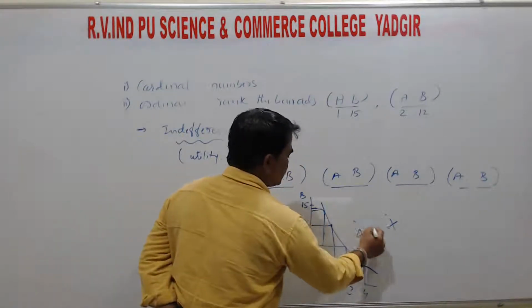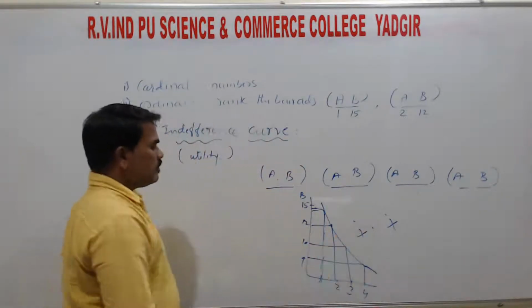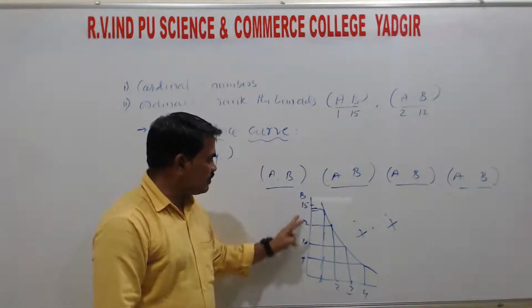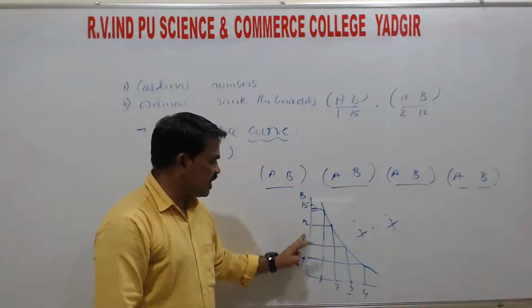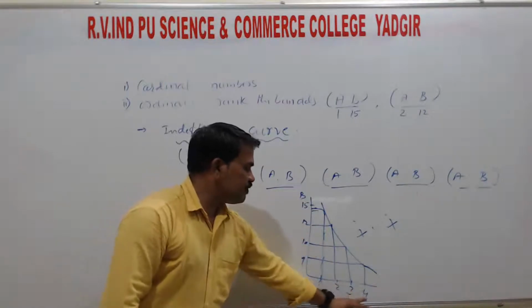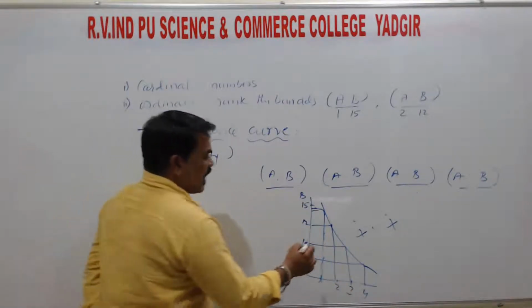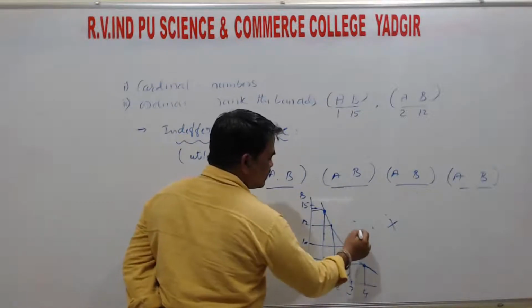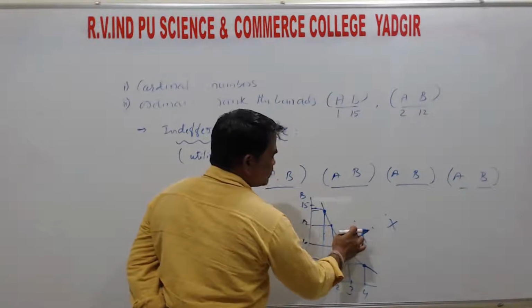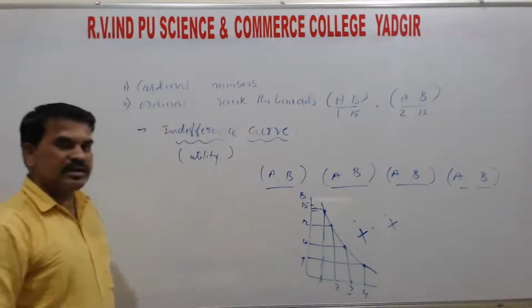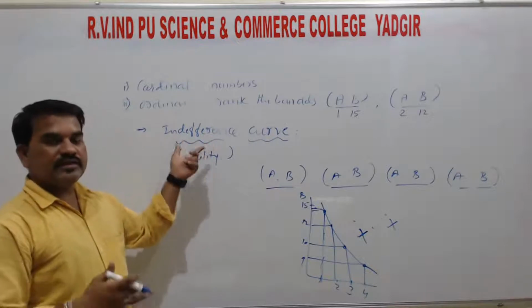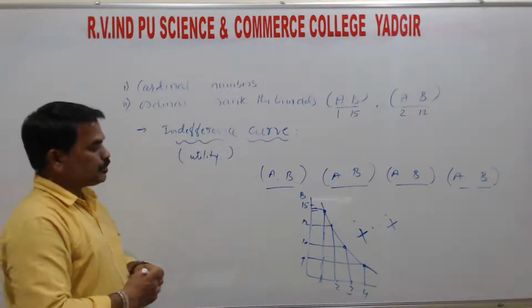As we are doing permutation combination of different goods, 15 1, 12 2, 10 3, 9 4, like this. When we have these bundles with these combinations, his satisfaction level won't change. That's why we call it indifference curve. Indifference with his satisfaction level.